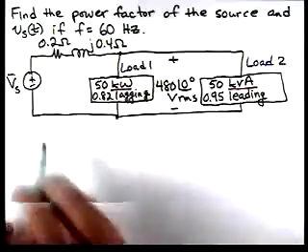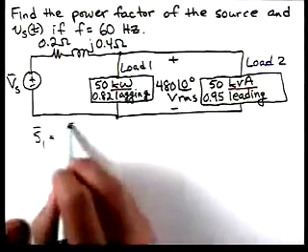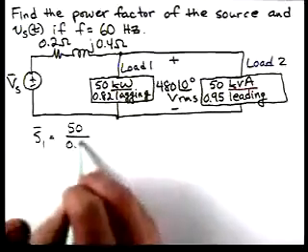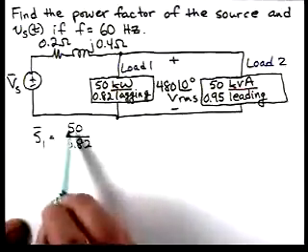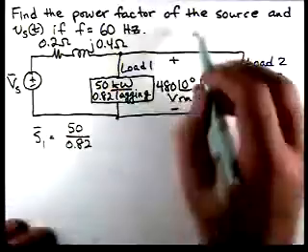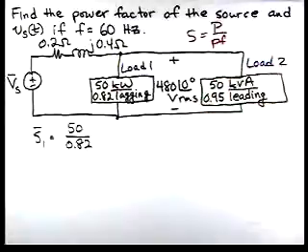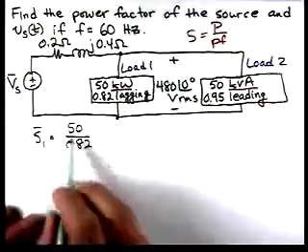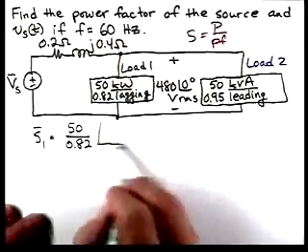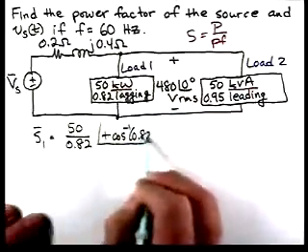So for S1, the magnitude of it is going to be the 50 divided by 0.82, and that's P divided by the power factor. So if you remember, S is equal to P divided by the power factor. So here's P divided by the power factor, at an angle of plus cosine inverse of 0.82.